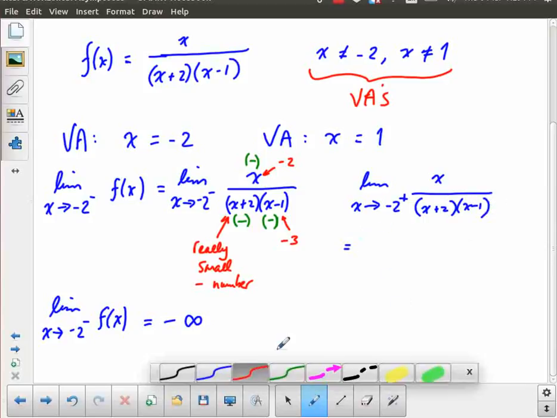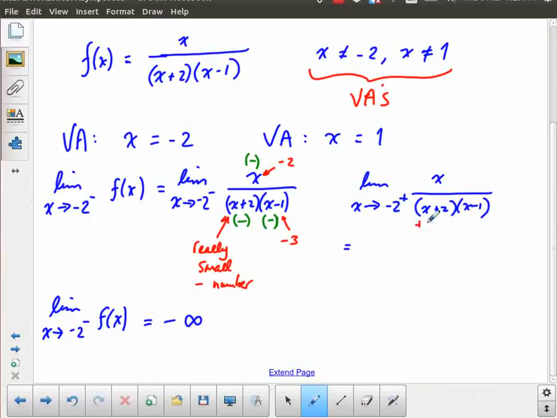So now let's take a look. As it approaches the negative 2 part, we know this is going to get closer to 0. But in this case, I'm going to be approaching it from the right-hand side. So that's going to be like negative 1.9. So this is going to become a positive small number.